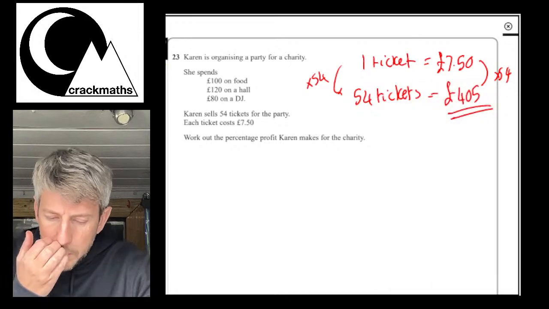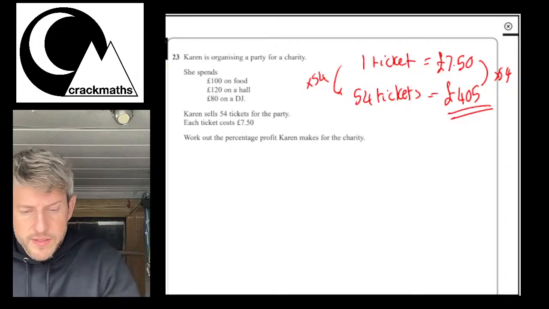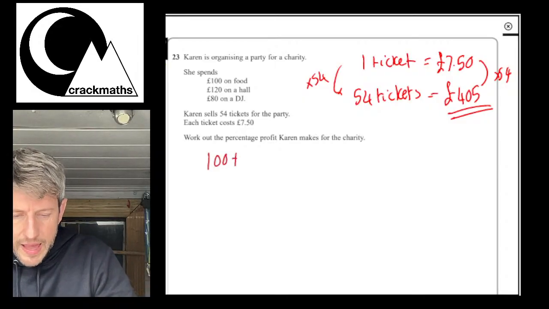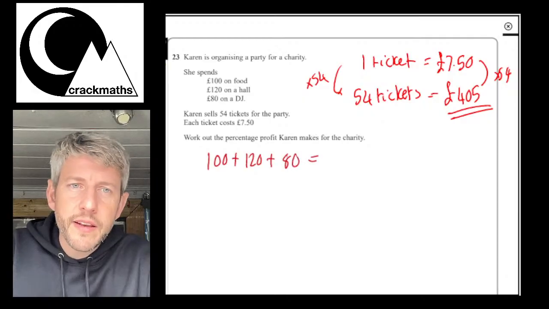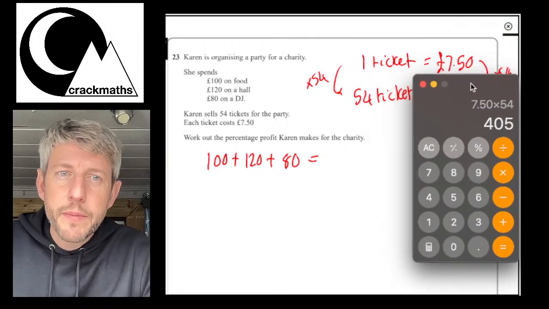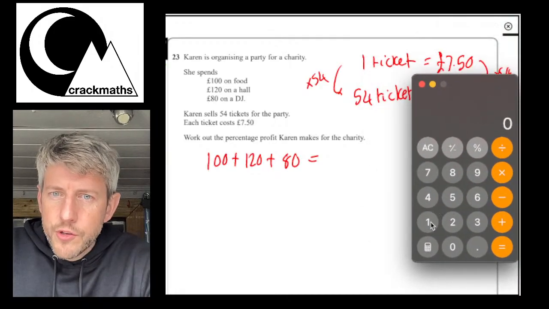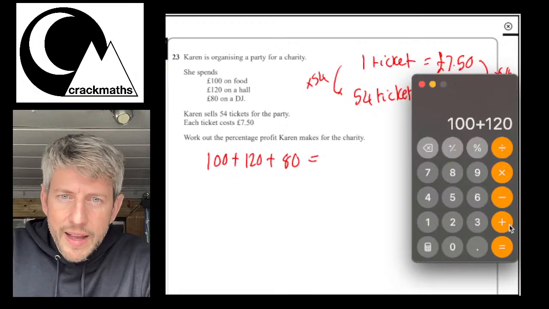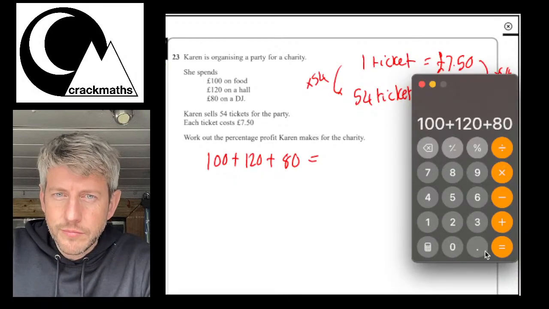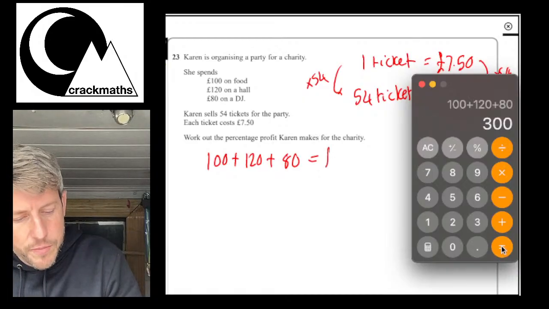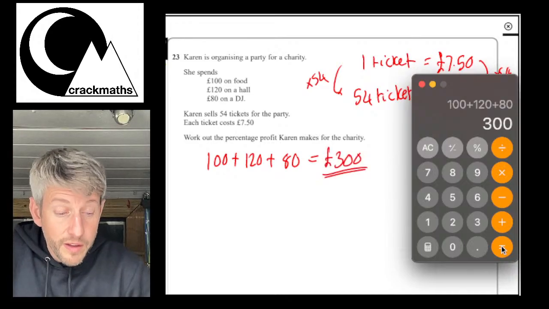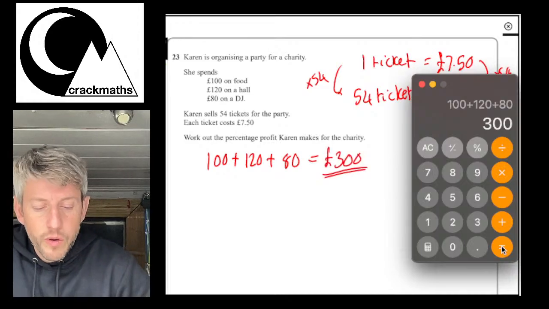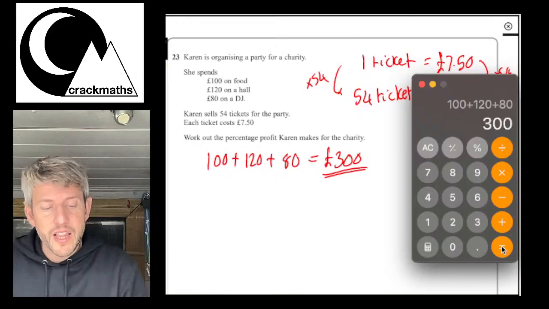Now we need to work out how much money she spends. So we've got 100, add 120, add 80. Again, I'm just going to use the calculator because it's the calculator paper. So that's £300 that she spends. Now we need to work out the percentage profit.